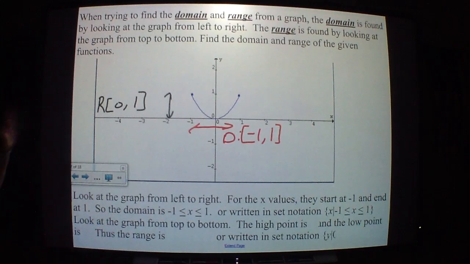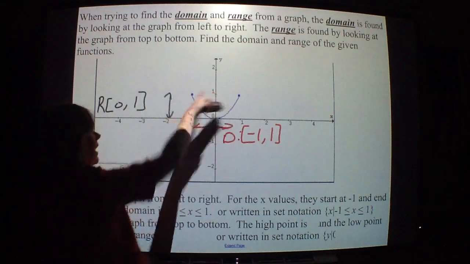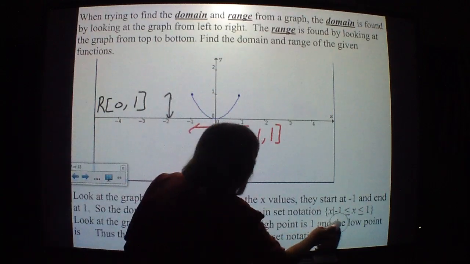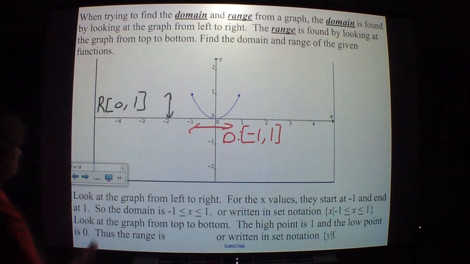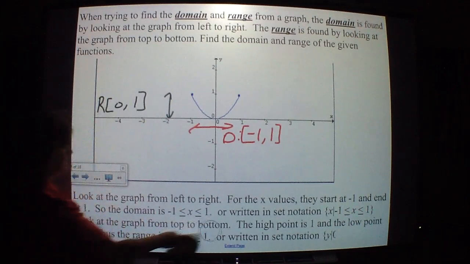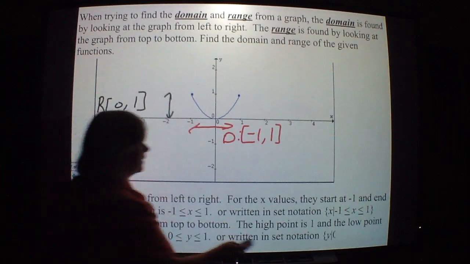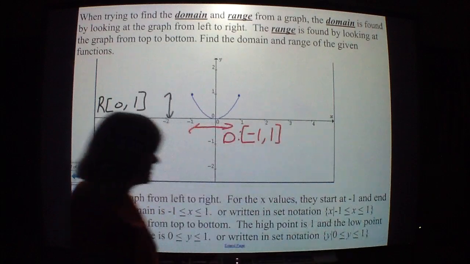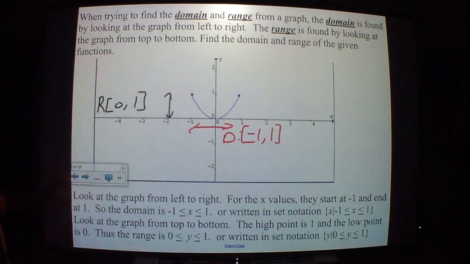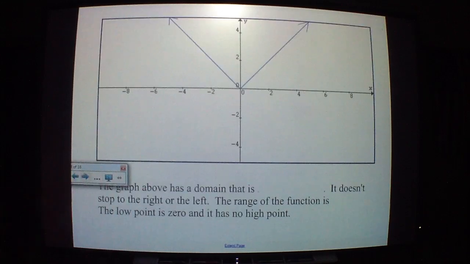Graphing bottom to top, low point 0, high point 1. So 0 is less than or equal to y is less than or equal to 1. Or you could write f of x there. Or set notation: y such that 0 is less than or equal to y is less than or equal to 1. So that's looking at a graph finding domain and range.